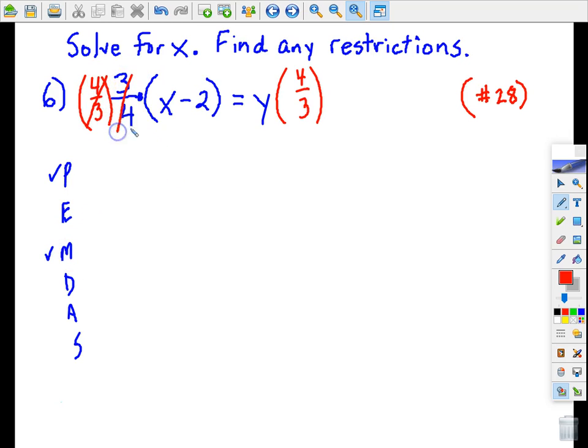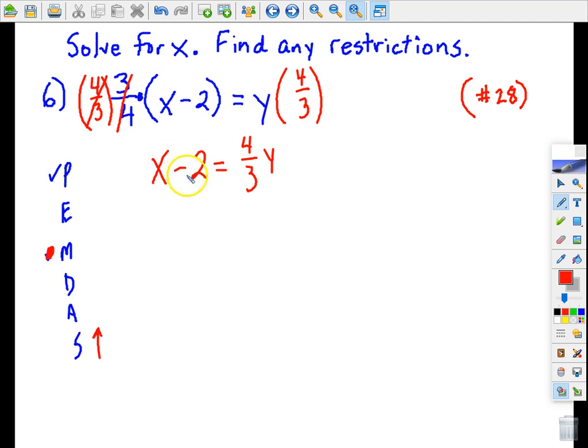It's going to cancel these. Leaves me with x minus 2 on the left side and 4/3 y on the right side. So in reverse PEMDAS order, we did the inverse of multiplication first. That's done. Now, what was in the parentheses, we can take care of that, and that's pretty easy.